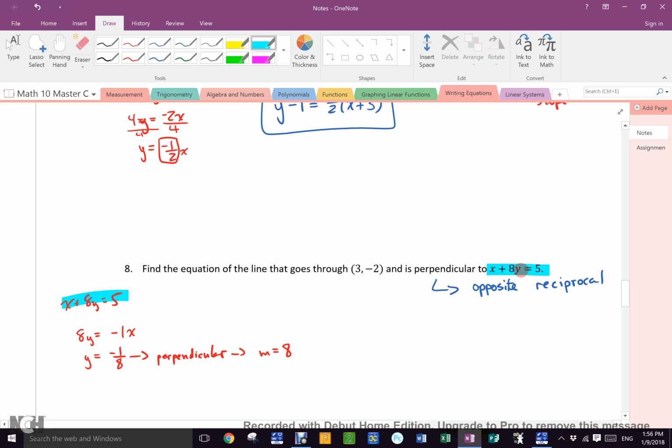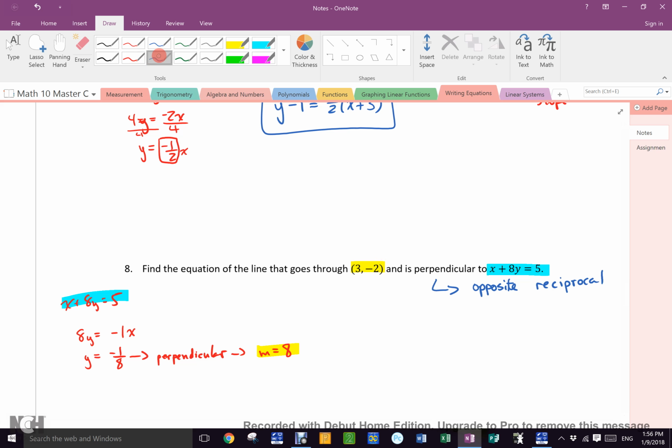Are you cool? We don't need the 5 because we only care about the slope. Okay? So you're able to find the slope of this line, right? And then, because it's perpendicular, we got to flip it and change the sign. Now, we have the slope and a point, right?